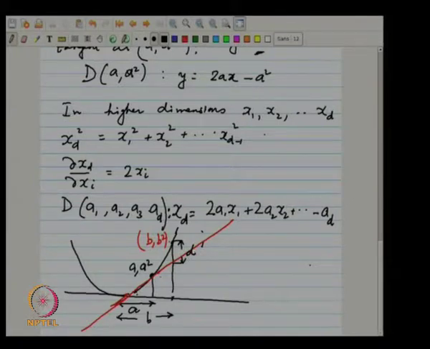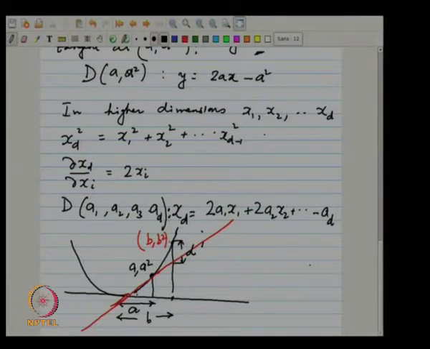I am looking at the tangent at a comma a square, and I have a point b, which is b comma b square. I am looking at the vertical distance of the parabola at b comma b square to this tangent, which I am calling d.